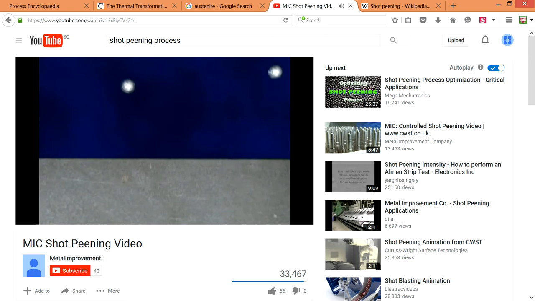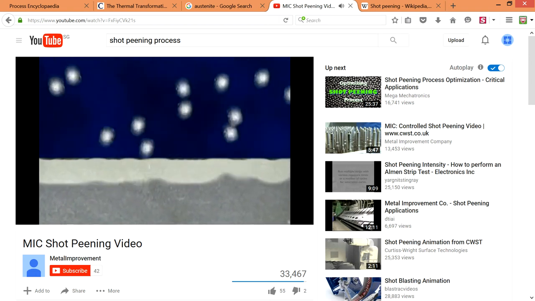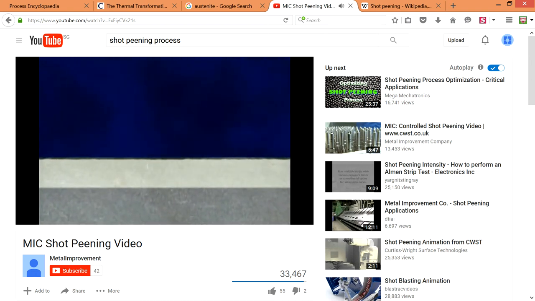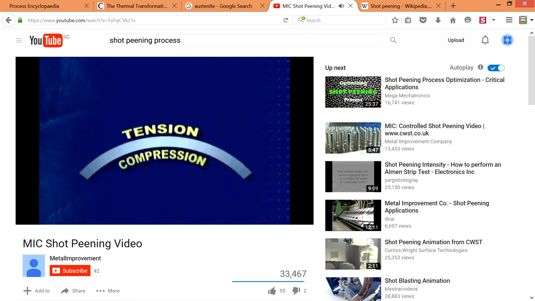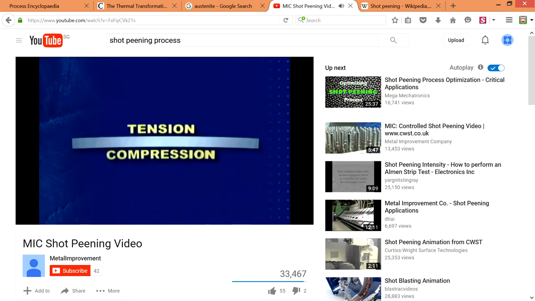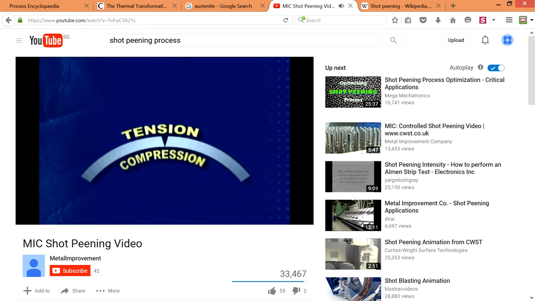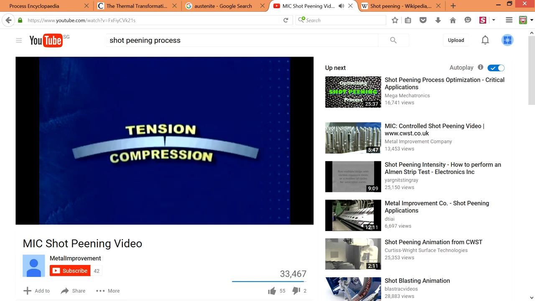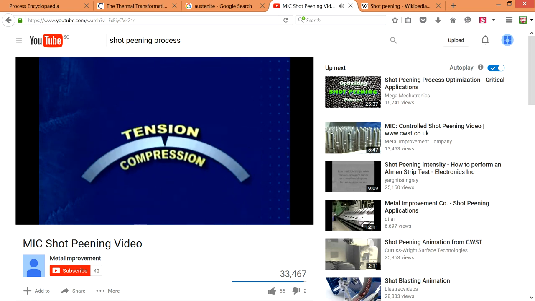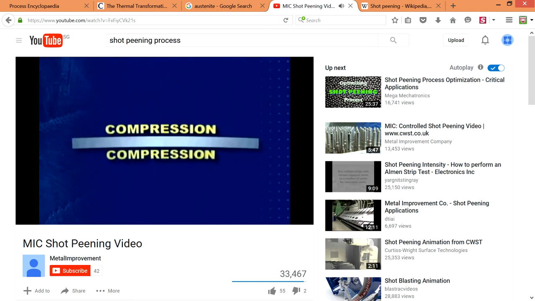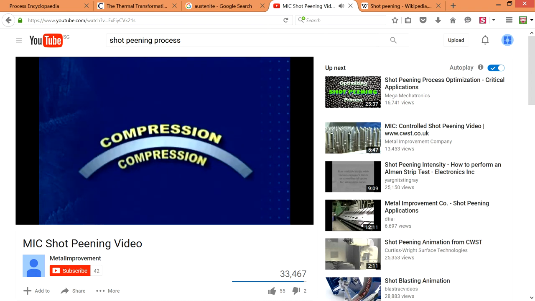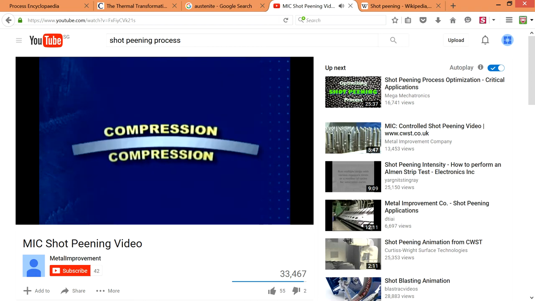If a metal is bombarded sufficiently to indent the surface, a residual compressive stress is induced in the surface. When a metal bar is flexed a sufficient number of times, it will eventually start to crack from metal fatigue on the side where the metal is being stretched in tension. However, a crack will not occur on the opposite side, which is being pushed together in compression. So if we could somehow induce a compressive stress on both surfaces, the metal bar could theoretically be flexed much longer without cracks occurring on either side.